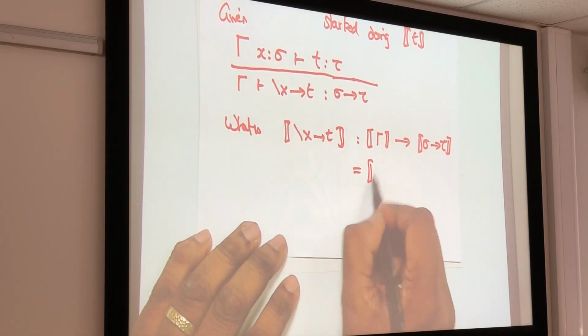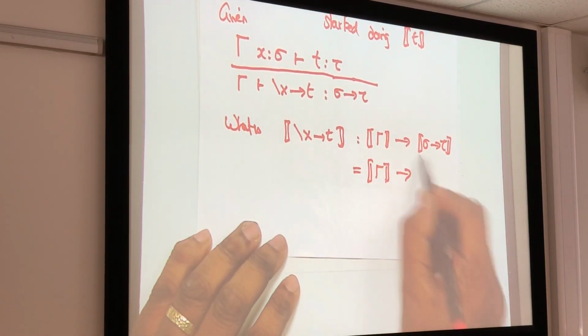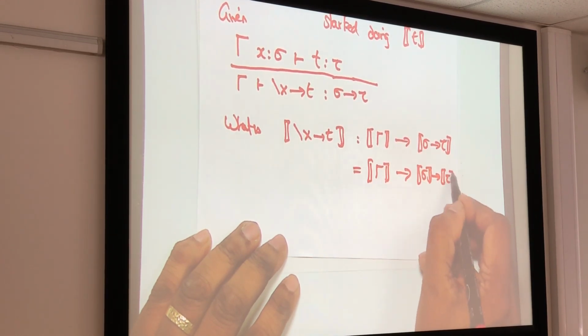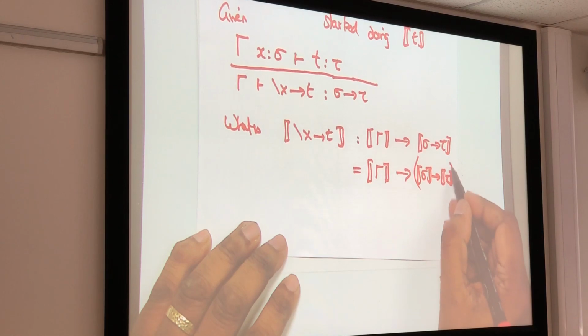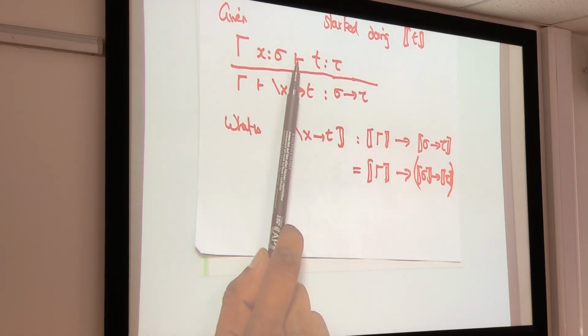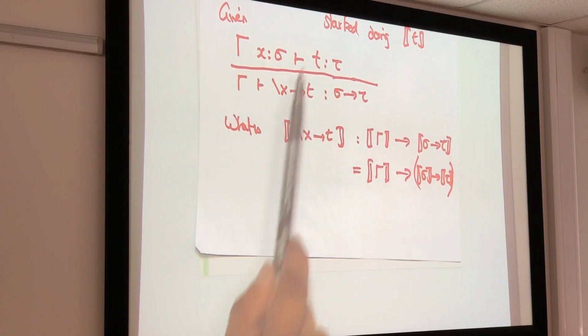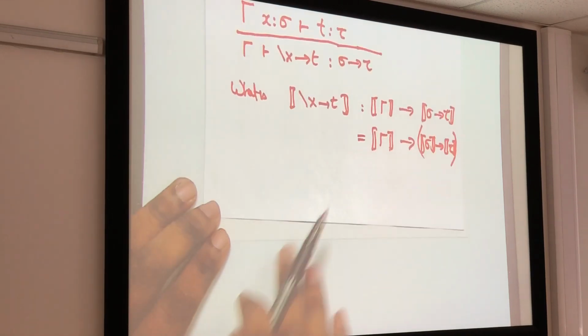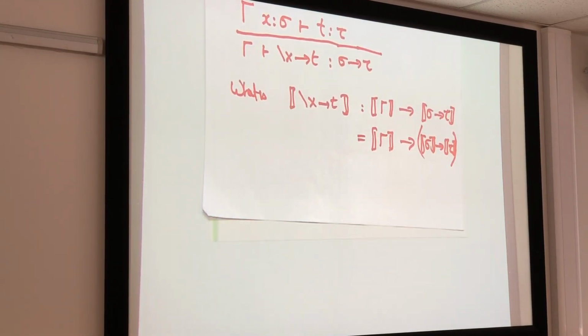And we know that this thing is the same as the functions from sigma to tau. Okay? So, how are we going to write this down? Well, we're going to use the information we have already. So I want to write down this function, but what do I know about the interpretation of this function? So I'm going to start a new piece of paper.